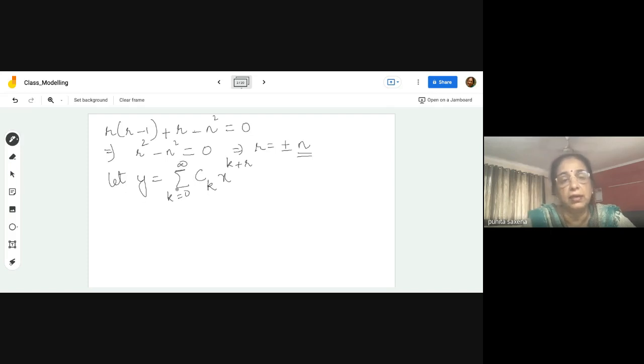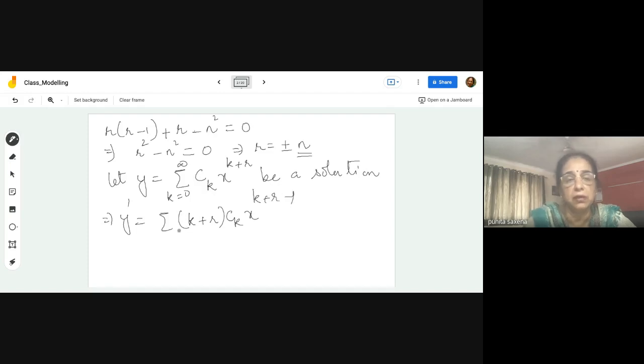We'll let y be a solution, because it's a Frobenius solution, so it's going to be of this form. Your y' will be simply the summation of (k + r) c_k x^(k+r−1), again k from 0 to infinity.